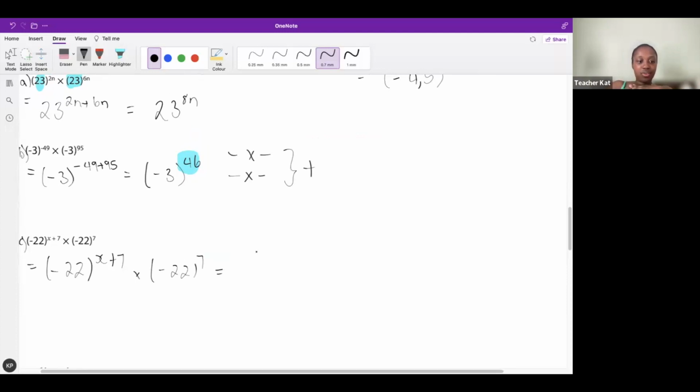I have no idea why I rewrote it, but we have to add the exponents. So this will give us negative 22 to the power of x plus 7 plus 7. Can we simplify this? Is it possible to simplify this exponent?